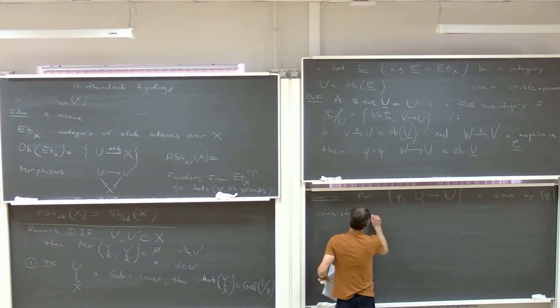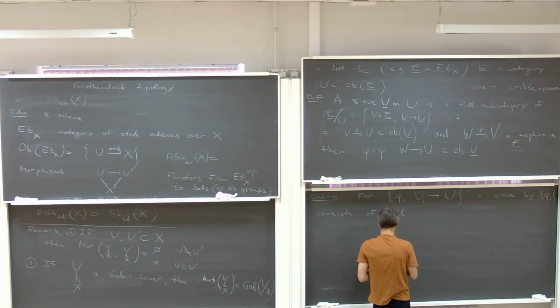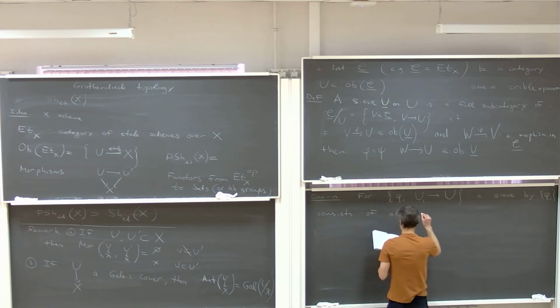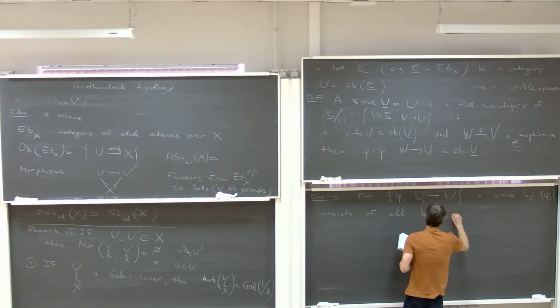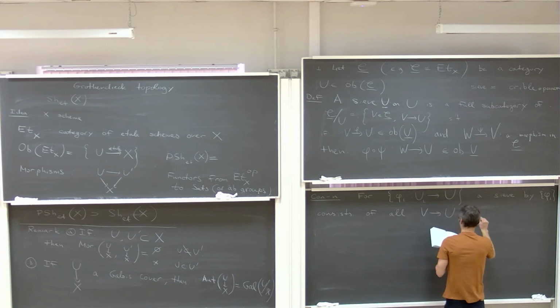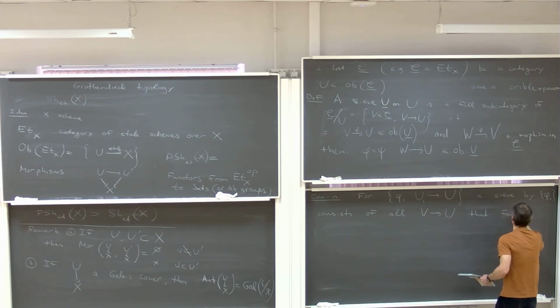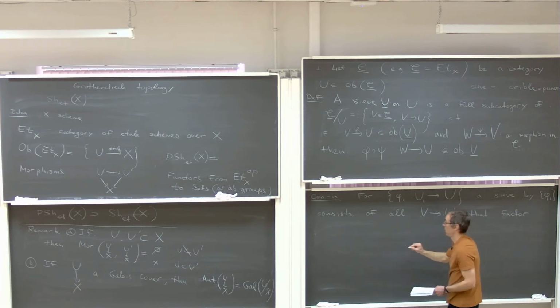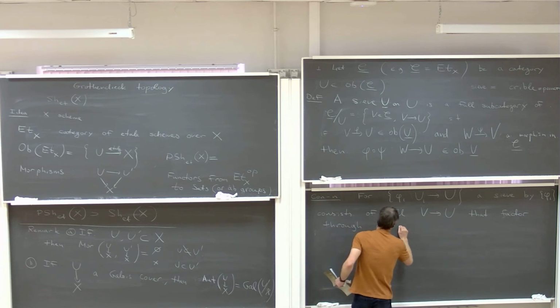So it consists of all V mapping to U that factor through one of phi.